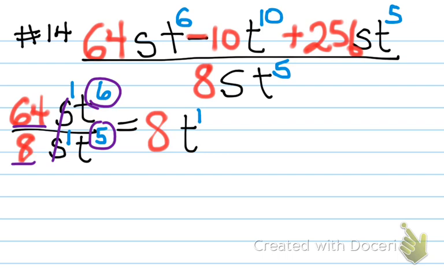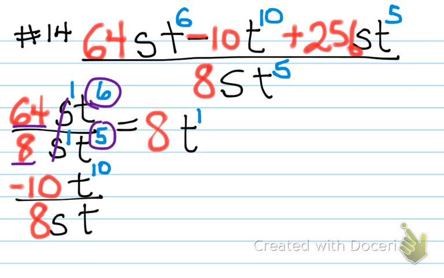Okay. Our next polynomial is negative 10 t to the 10th power divided by 8 s t to the 5th power. We divide the coefficients, but negative 10 divided by 8 doesn't go in evenly, so we just reduce it.